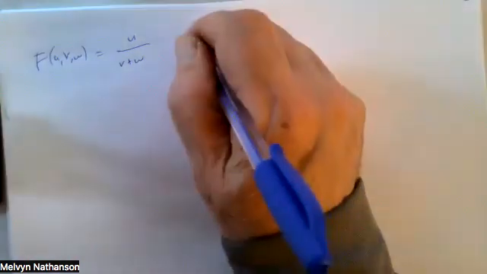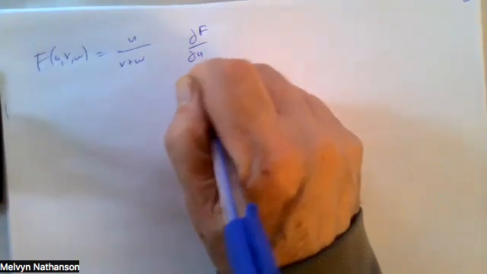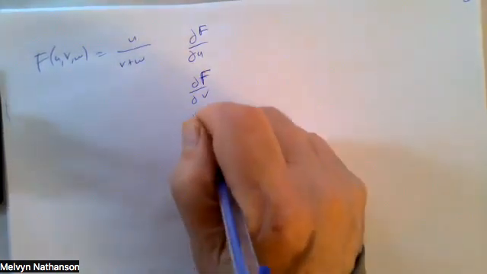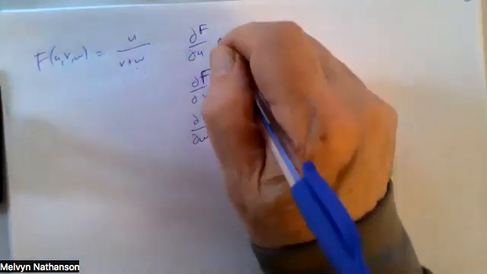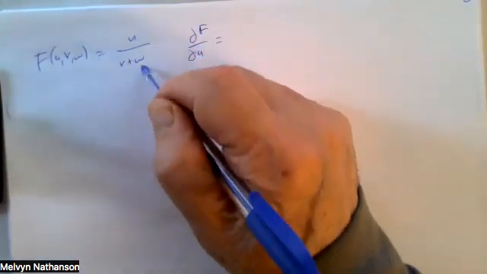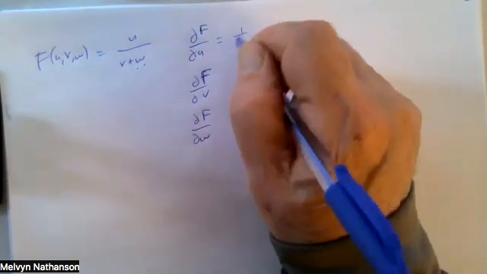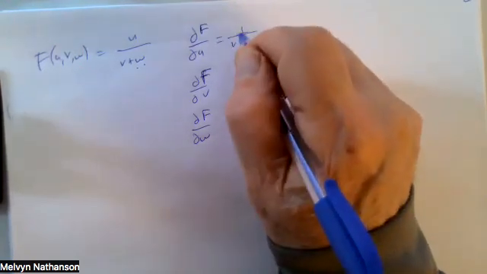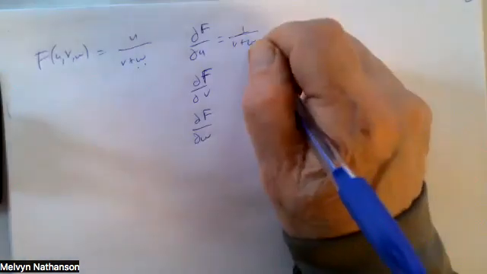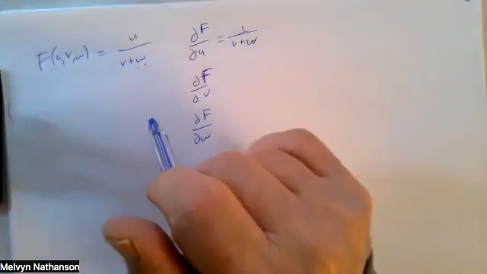So now we can take partial derivatives with respect to u, v, and w. If we differentiate with respect to u, this is 1 over v plus w, which is like a constant, times the derivative of u with respect to u, which is 1. So the partial of f with respect to u is 1 over v plus w.